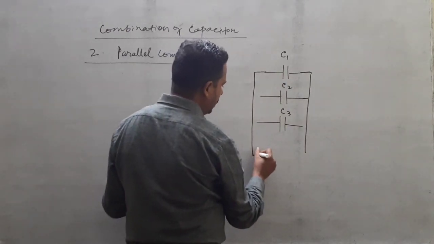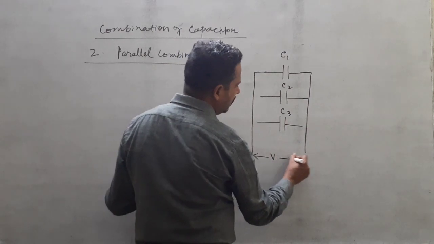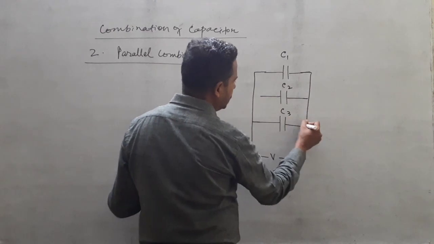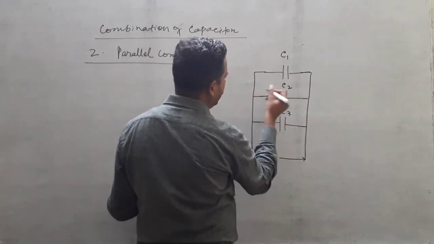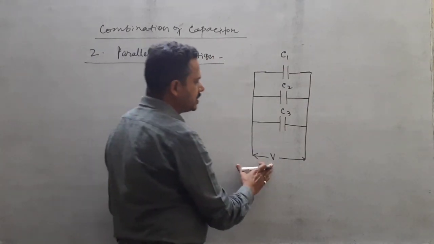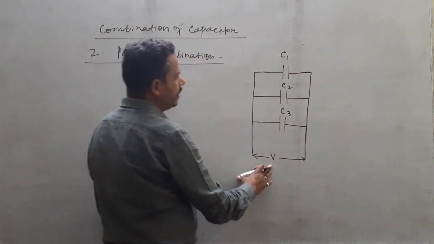Let it be V. V is the common potential difference between all these capacitors, so all capacitors have the same potential difference V.